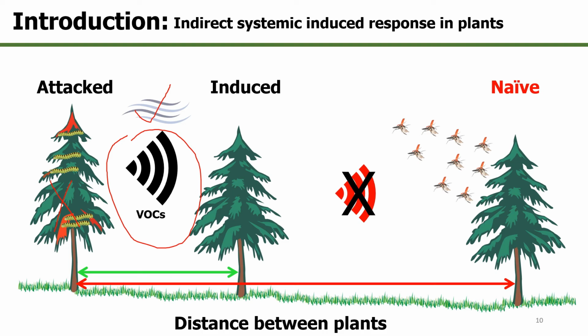So in this case, you see the second tree, which is the one in the middle, is going to be well prepared compared to the tree which is far away on the right hand side. So these organic molecule messages have been proved to be functioning as one of the defense mechanisms in plants.